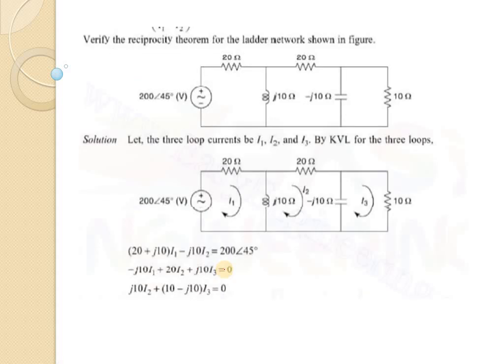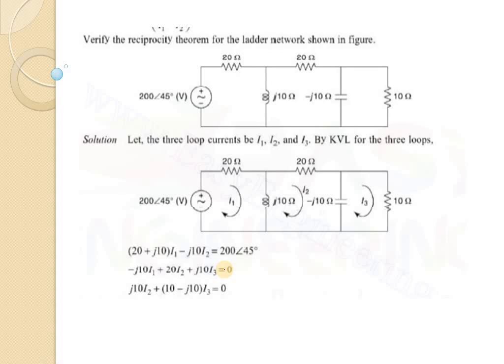Now let us consider another example. Here we have a voltage source of 200 angle 45 degrees. Then a 20 volt source, j10 ohm reactance, 20 ohm, minus j10 capacitive reactance and a 10 ohm resistance are present.